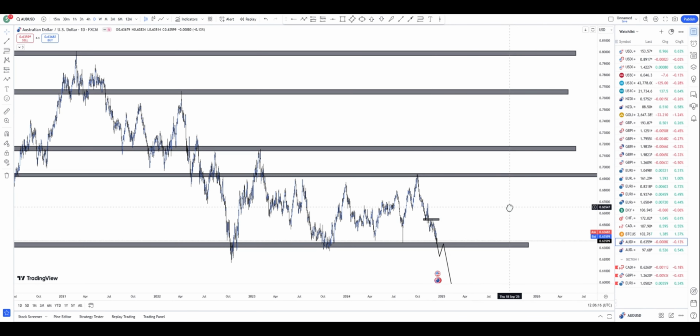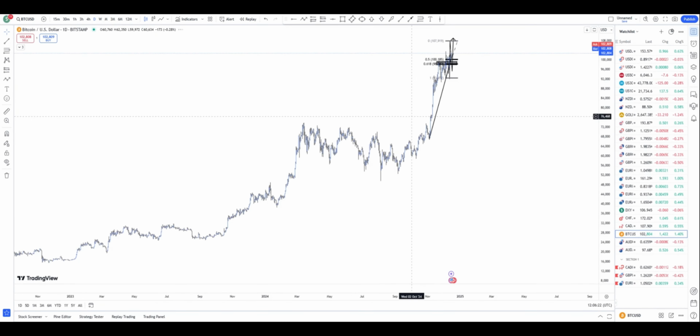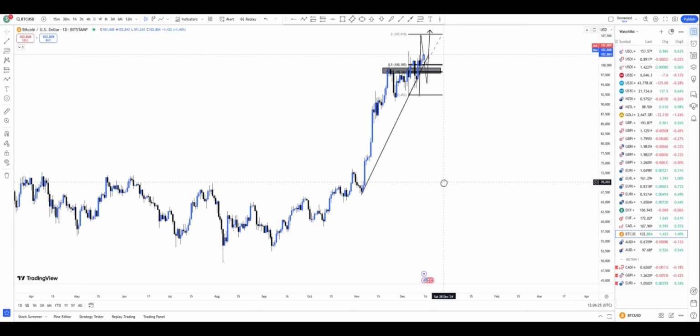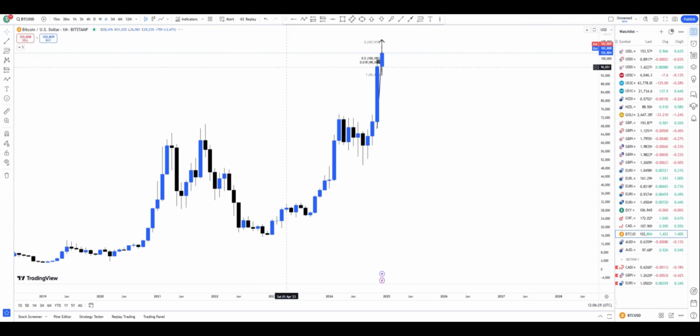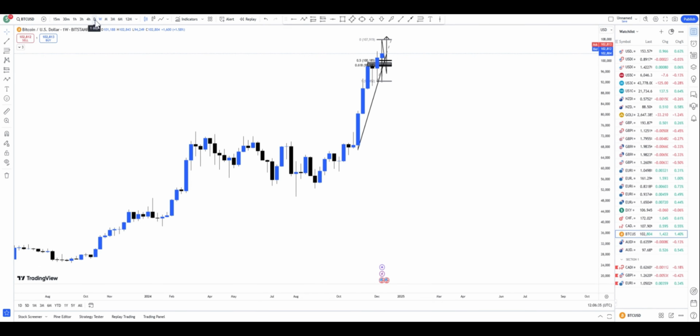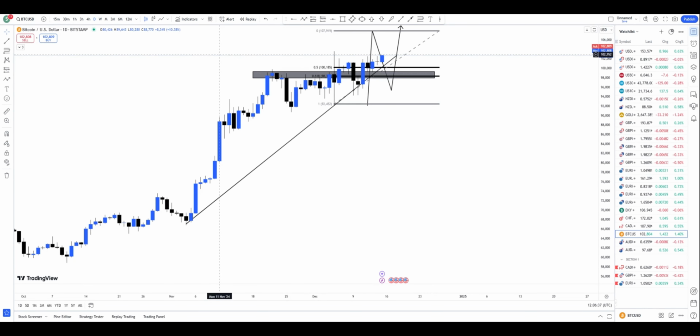So guys, let's move to the next pair, which is BTC USD. On BTC USD, just as we stated last week, it was looking very bullish. From the monthly time frame, we can see how bullish it is. The weekly time frame is also looking bullish, and also on the daily time frame, just as we stated, we are looking for a clean retest.